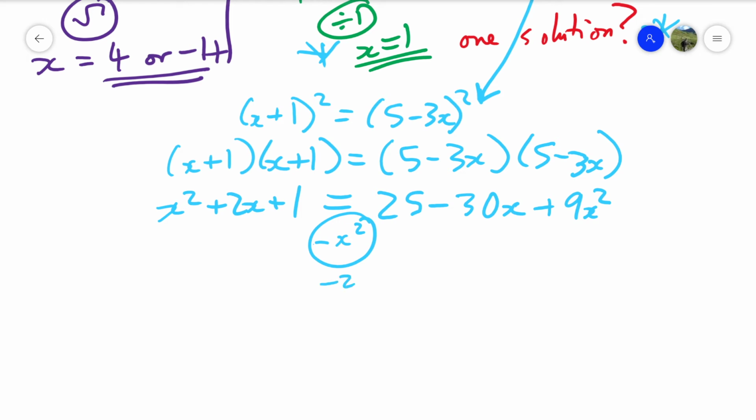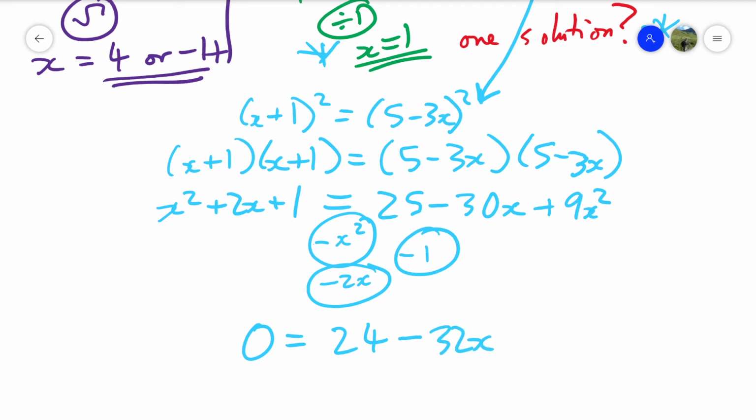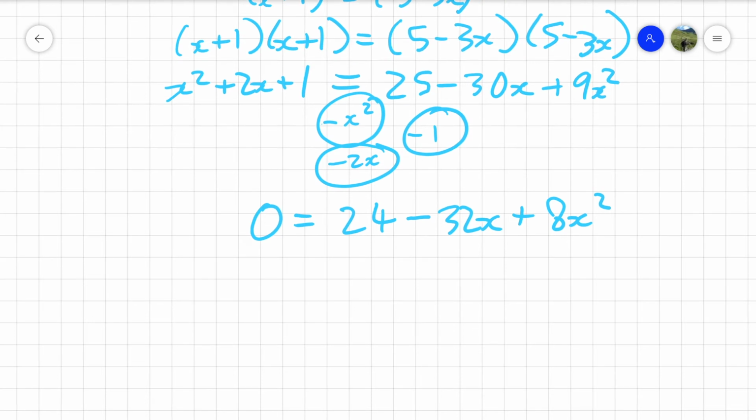Let's minus 2x from both sides at the same time. Let's minus 1 from both sides. So it immediately ends up with 0. So that's 24 equals minus 32x plus 8x squared.